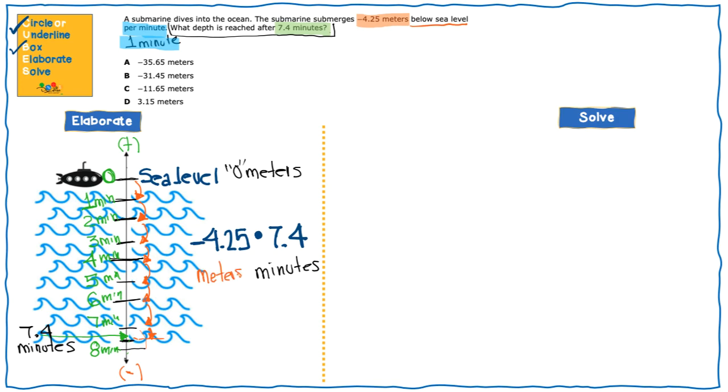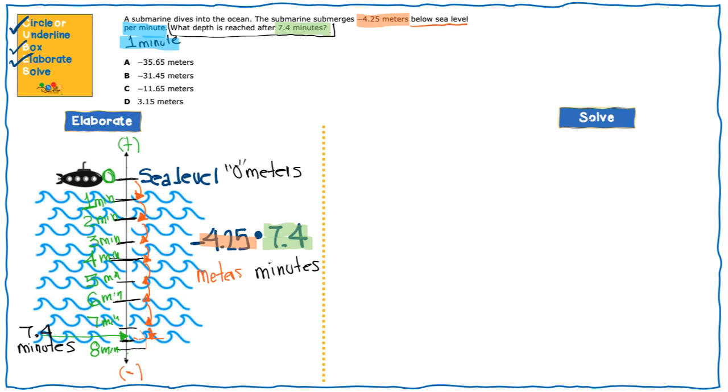And this negative 4.25 is the meters. Right. And I'm gonna highlight this in orange because this is the one, so I can see that I got this number from this section in the paragraph, and the 7.4 in green because I got it from the green section in the paragraph. Awesome. So far, guys, we completed the elaborate section.